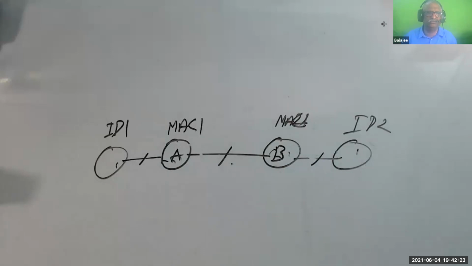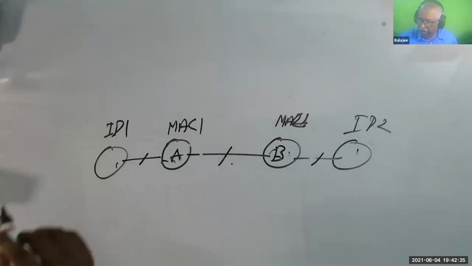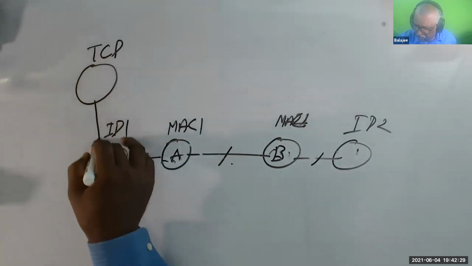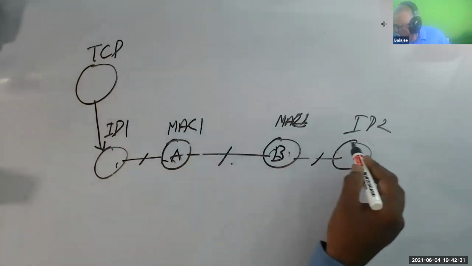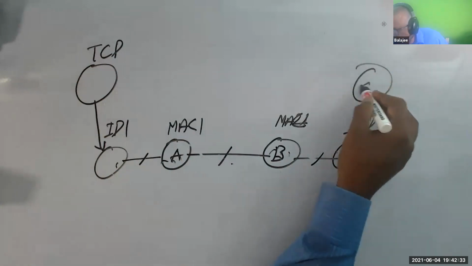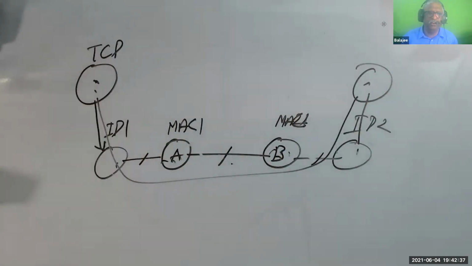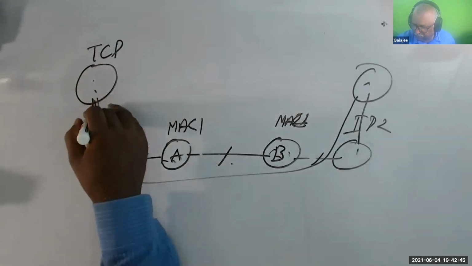Nobody knows. But this guy, TCP, comes into the picture. When he gives the packet, this guy waits for an acknowledgement. If he doesn't get the acknowledgement, then he has to retransmit the packet.